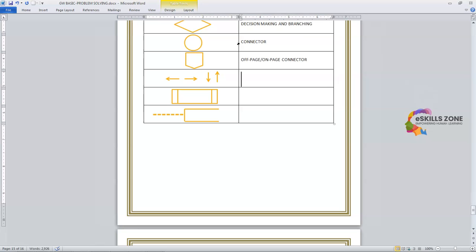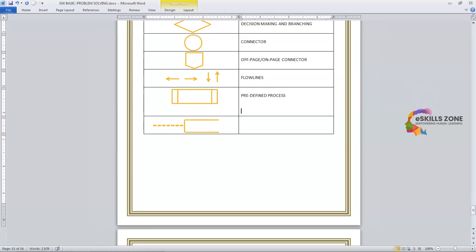Next one, arrow lines, called flow lines, are used to connect different symbols together. This one symbol is used to show any predefined process which is used earlier.